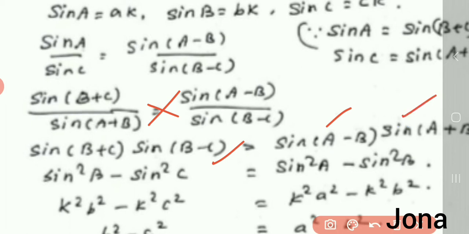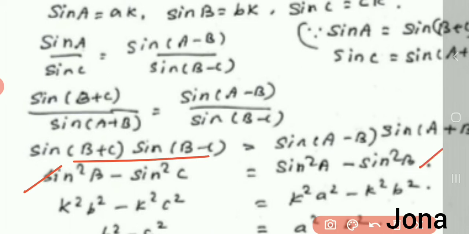Sin of (B plus C) into sin of (B minus C) can be written as sin square B minus sin square C. Similarly, here also sin square A minus sin square B.